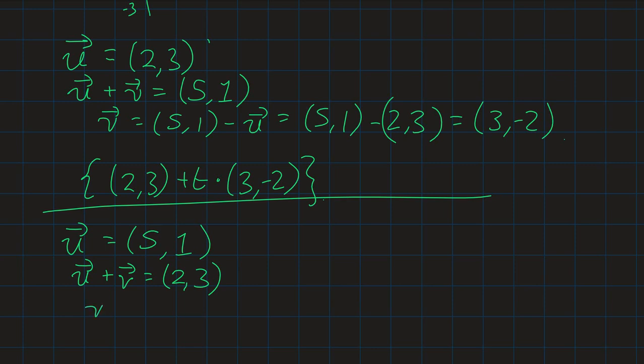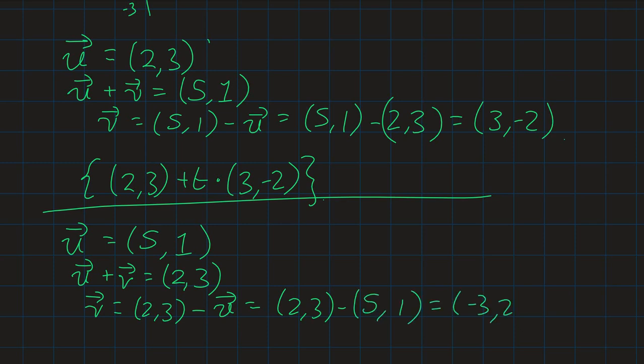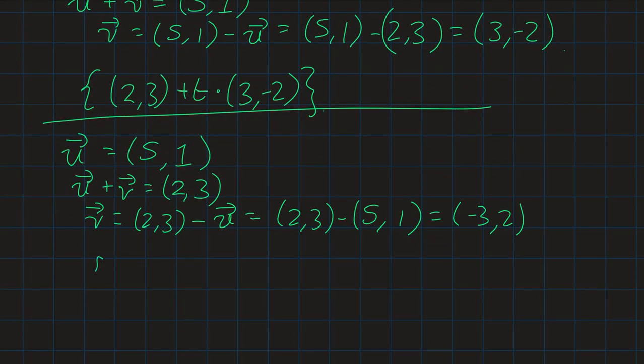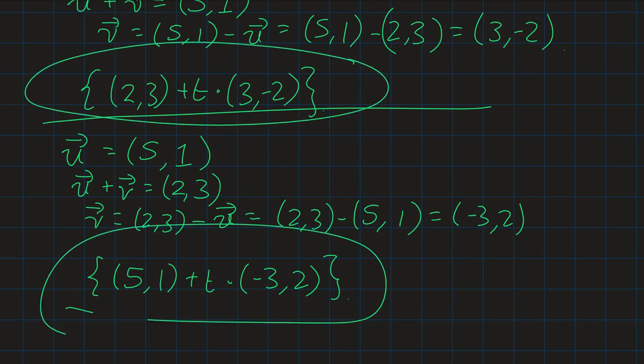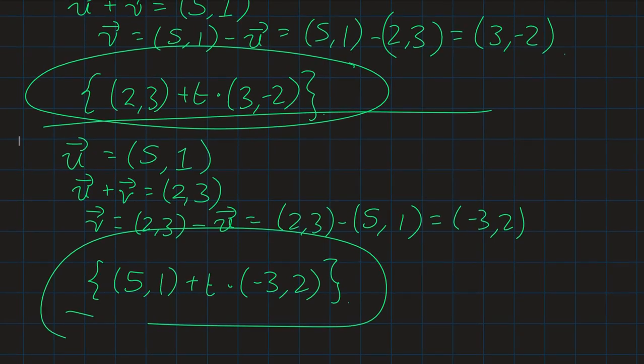So this means that v is equal to (2, 3) minus u, which is (2, 3) minus (5, 1), which is (-3, 2). So a parameterization is (5, 1) plus t lots of (-3, 2). This is correct and this is correct. Even though they're different numbers, they both describe the same parametric line.